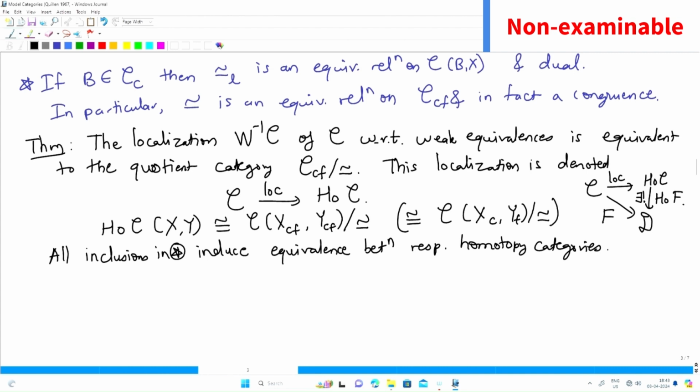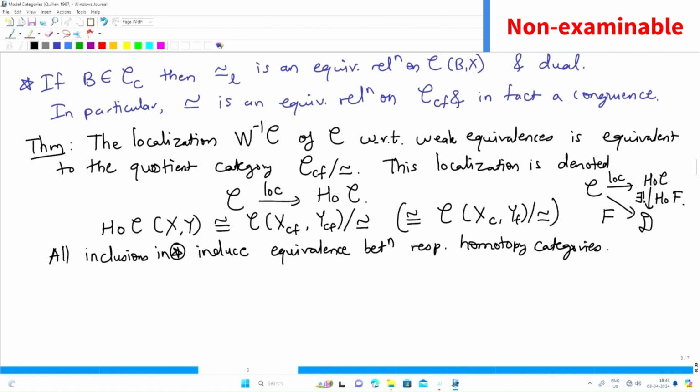But this localization happens to be a category, a locally small category. That's the important part. Perhaps this is too much of a price to pay for such a simple outcome, but it is useful to do many things. Yeah, this whole idea.